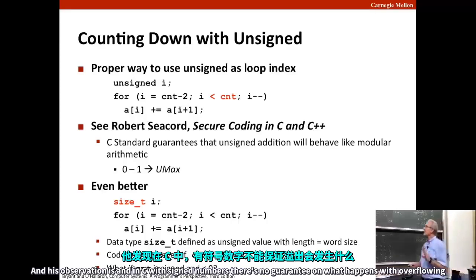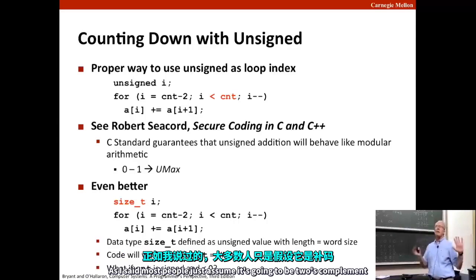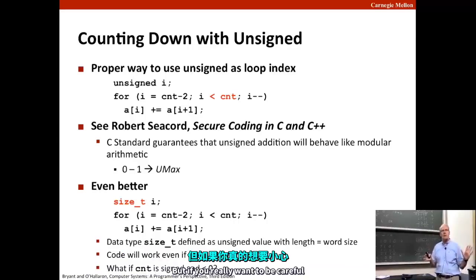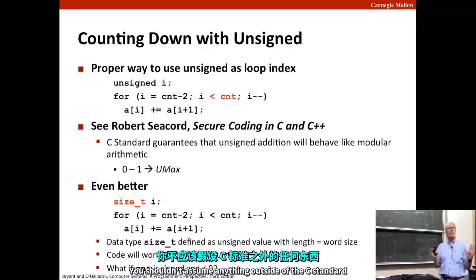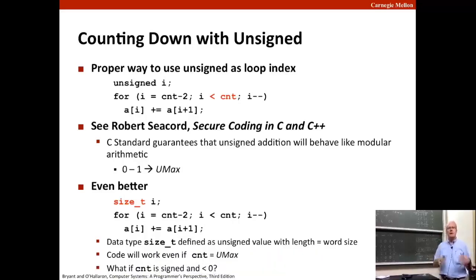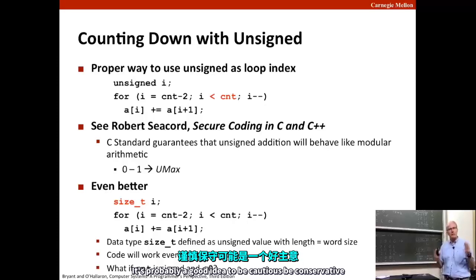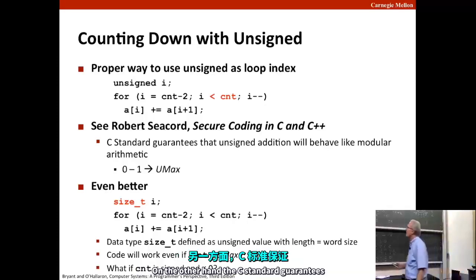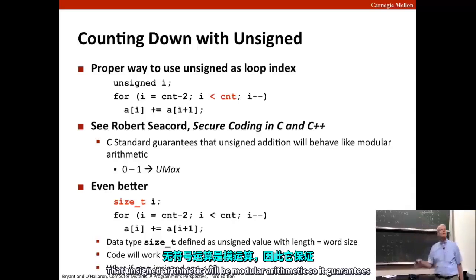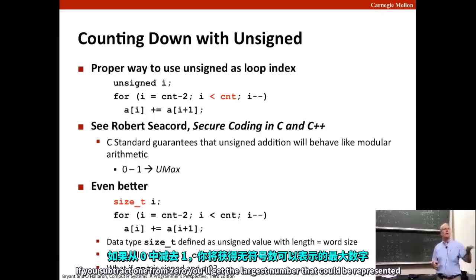And his observation is, in C, with signed numbers, there's no guarantee on what happens with overflowing. As I said, most people just assume it's going to be 2's complement. But if you really want to be careful, you shouldn't assume anything outside of the C standard. And if you're trying to write secure code, it's probably a good idea to be cautious, be conservative. On the other hand, the C standard guarantees that unsigned arithmetic will be modular arithmetic. So it guarantees that if you subtract 1 from 0, you'll get the largest number that could be represented.